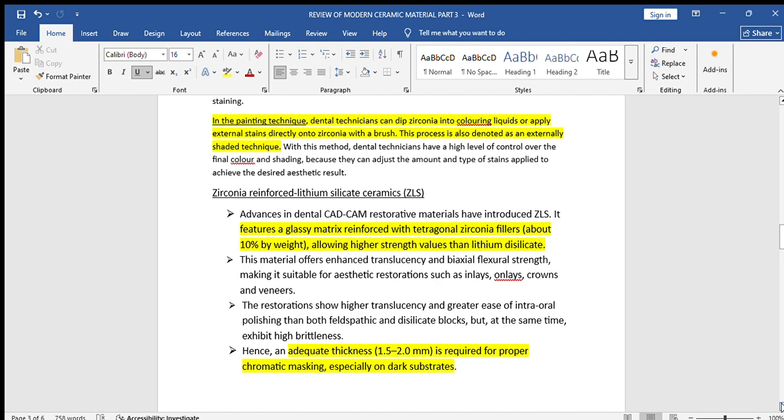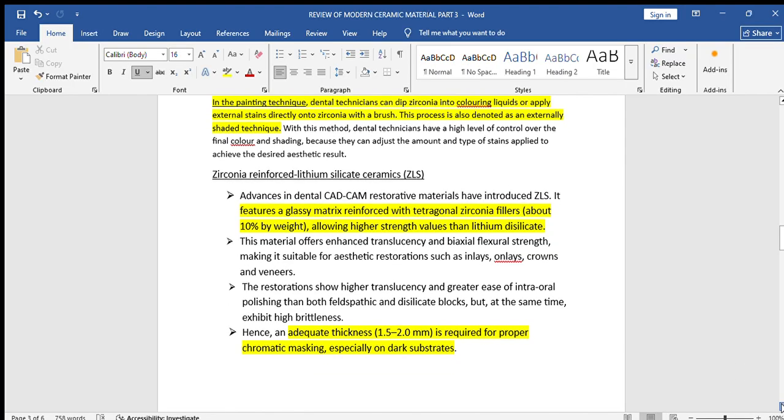These restorations show higher translucency and greater ease of intraoral polishing than feldspathic and disilicate blocks, but at the same time exhibit high brittleness. A thickness of 1.5 to 2 mm is required for proper chromatic masking, especially on dark substrate.